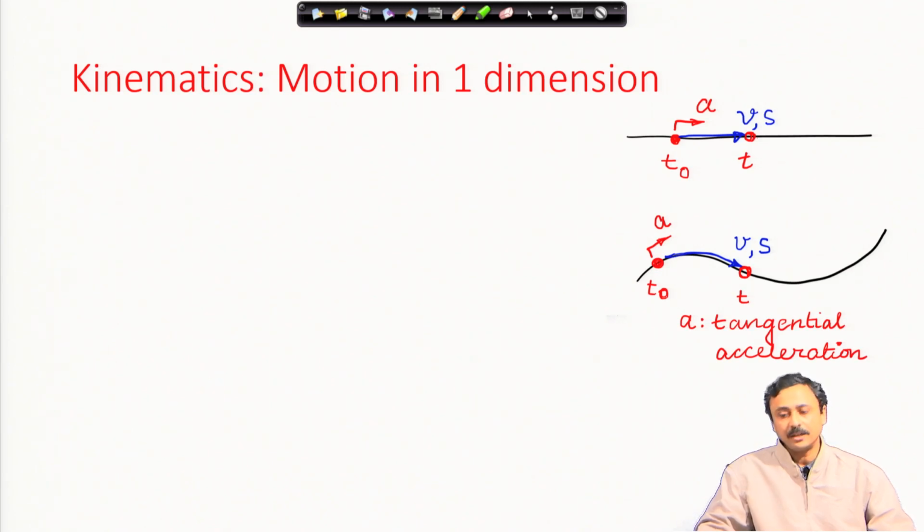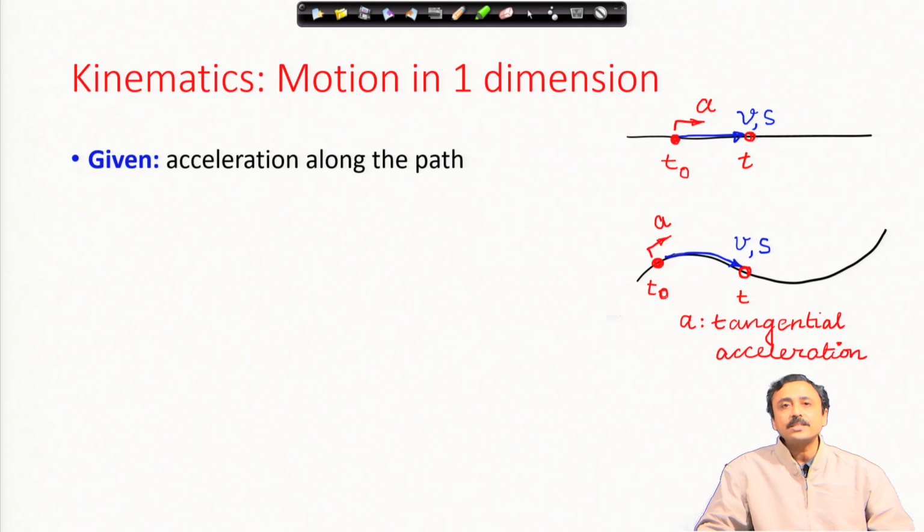In that case, this can be treated as one dimensional motion, and the displacement or distance travelled should be along the path. So, we can always treat motion on this curve to be one dimensional motion. Velocity is always tangent to the path, as you know.